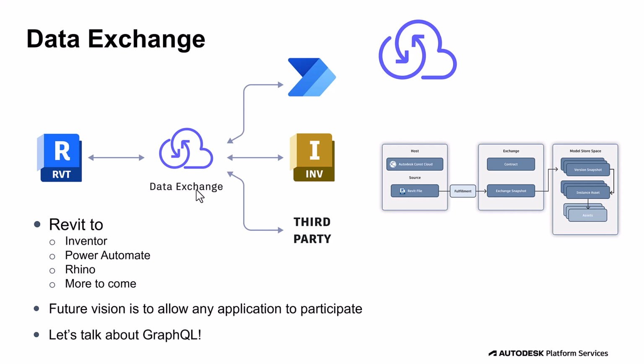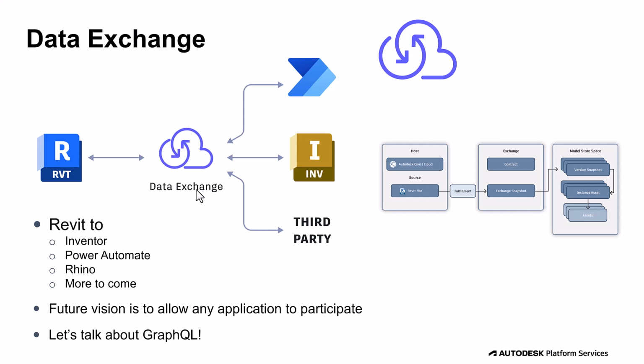The original release of this, which was a few months ago, we introduced REST APIs. The REST APIs are very complex, and the data that comes back is kind of an all or nothing situation. So our other information model, Fusion Data, introduced GraphQL last year, and it was very popular.